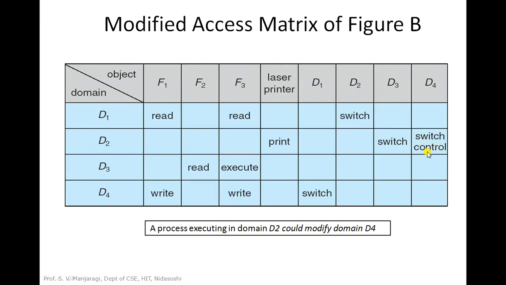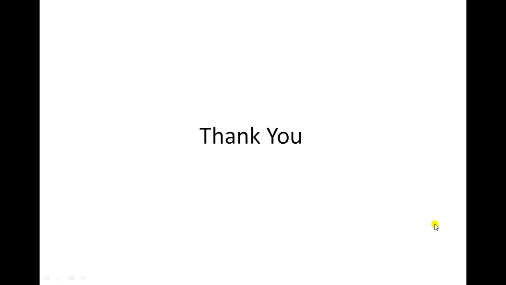A switch control is set here for domain D2 on domain D4. It means any process executing in domain D2 can modify the access rights of domain D4.